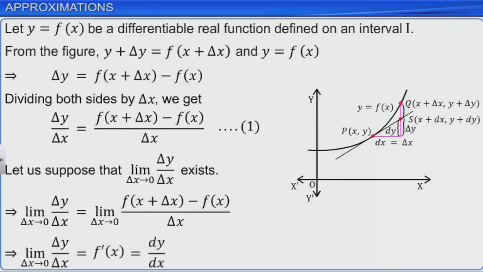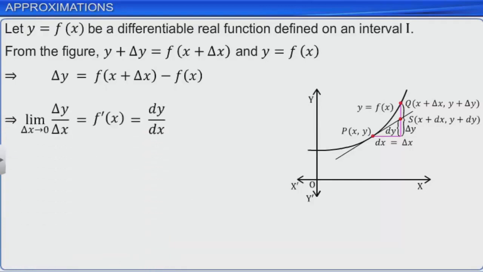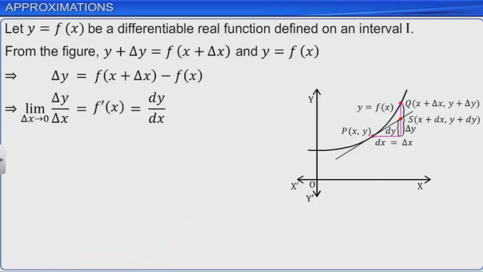The right-hand side of the equation can be written as dy upon dx. Therefore, the limiting value of delta y upon delta x is dy upon dx.